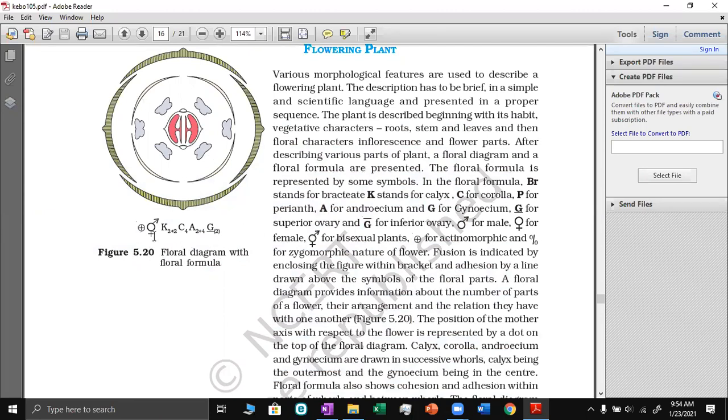Actinomorphic, bisexual, calyx 2 plus 2, that is 4 sepals are there. Corolla, there are 4, valvate. Androecium 2 plus 4, 2 on the outer ring and 4 on the inner ring, and gynoecium 2, syncarpous, hypogynous or superior ovary.